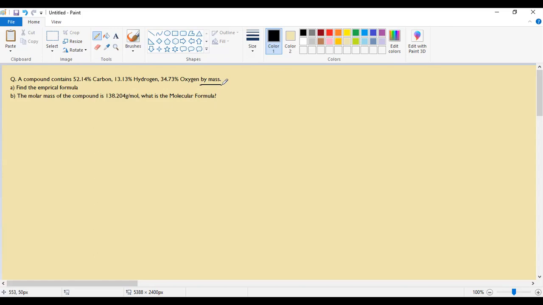So it is important to recognize that it's by mass, but the empirical formula would concern itself with atoms. The empirical formula does not concern itself with a ratio of mass. The empirical formula, or even the molecular formula, concerns itself with a ratio of atoms.